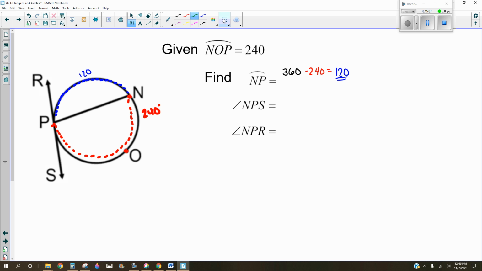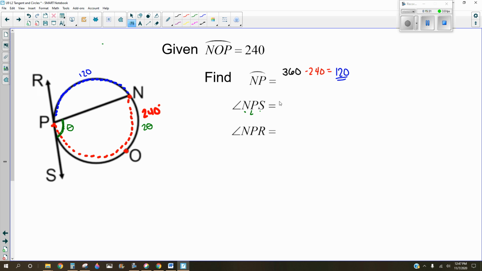Now find angle NPS. N, bend at P, goes towards S. NPS. So this one is NPS right here. We know the rule is whatever this is, double whatever it is.